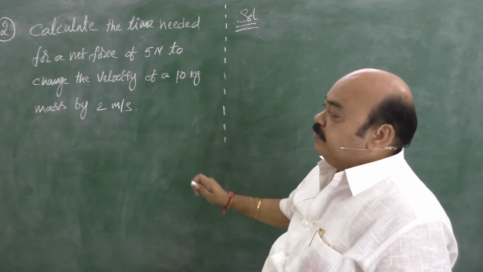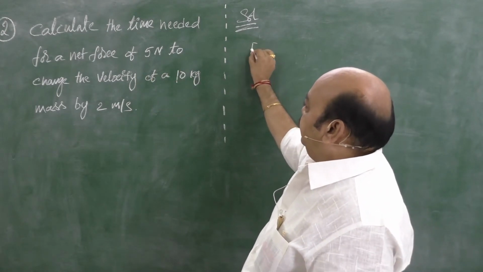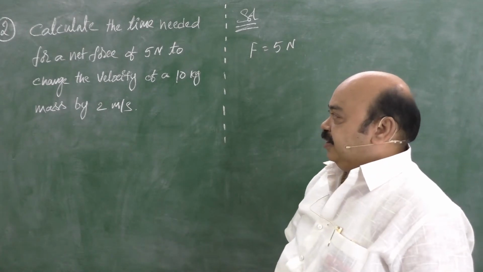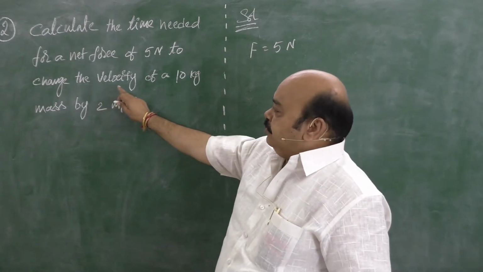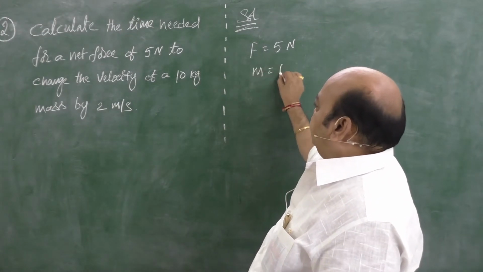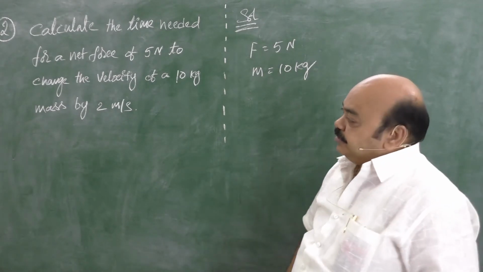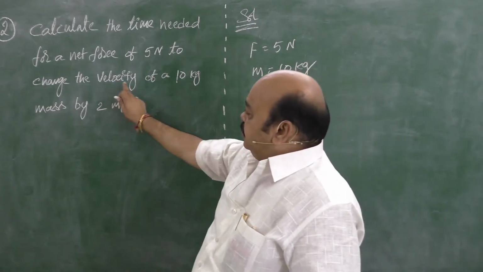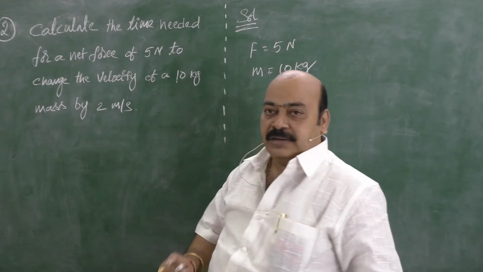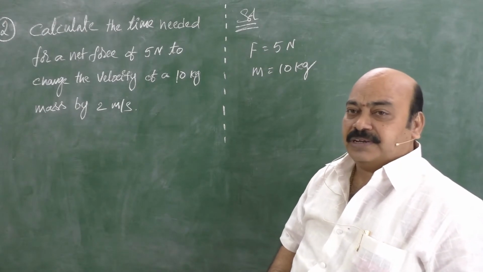What is the data given in the problem? What is the net force that acts? F is equal to 5 Newton, right? Change the velocity of a 10 kg mass, given mass as 10 kg. Change the velocity by 2 meter per second. Change of velocity is given. What do you mean by change of velocity?